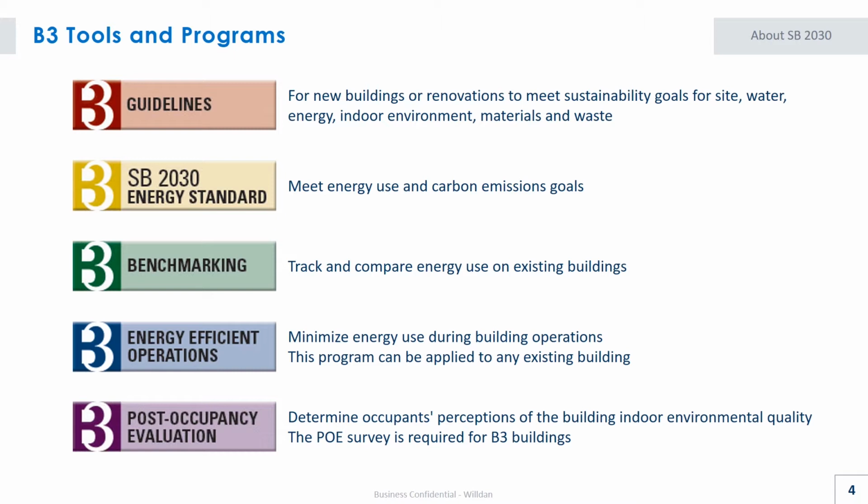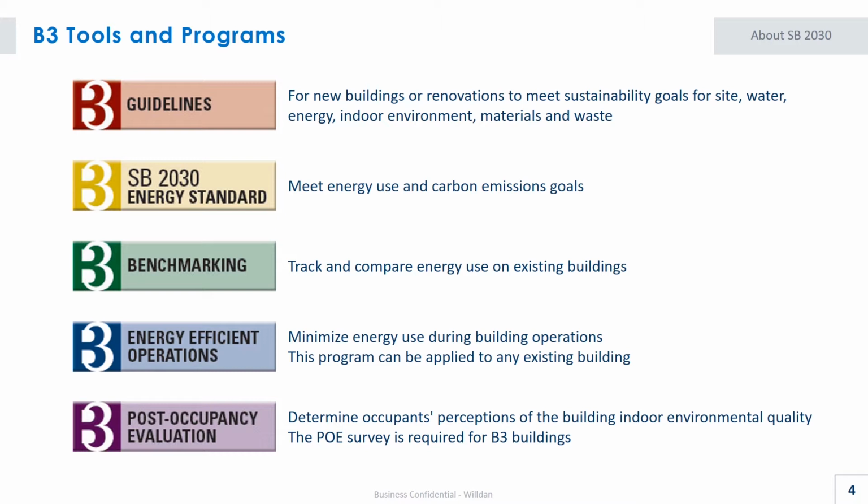B3 energy efficient operations is designed to help people minimize the energy use during the building operations. This program can be applied to any existing building, but is often required if a building doesn't meet the SB 2030 goal once it's in operations. This is a way to try to tune up a building and get it back on track.